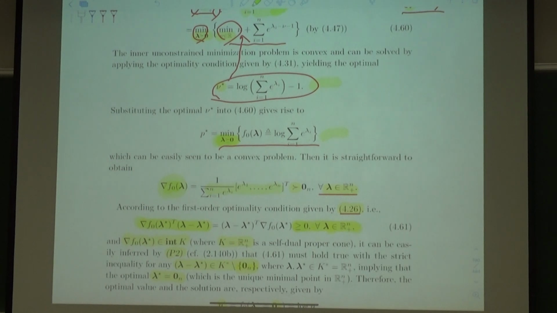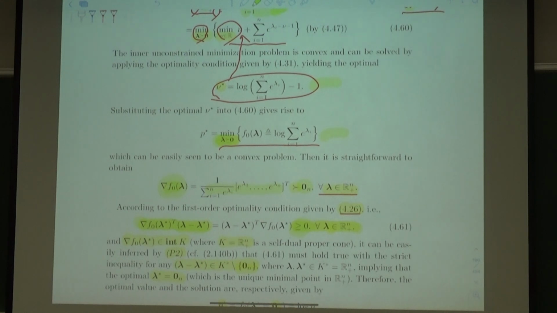Because this guy is strictly greater than 0, and you want to find an optimal lambda star such that this is greater than 0.